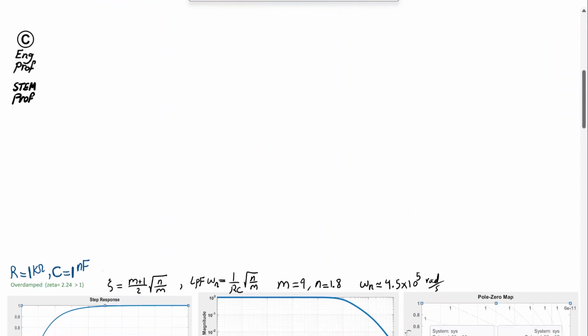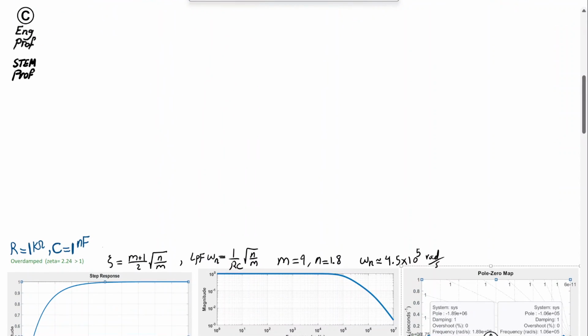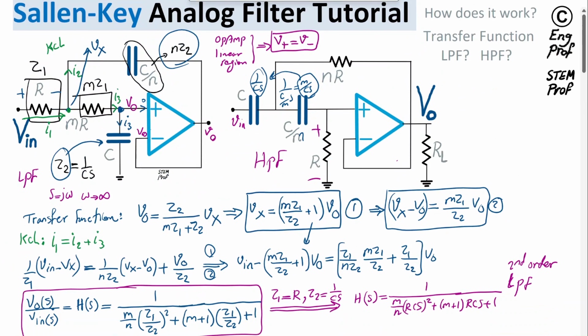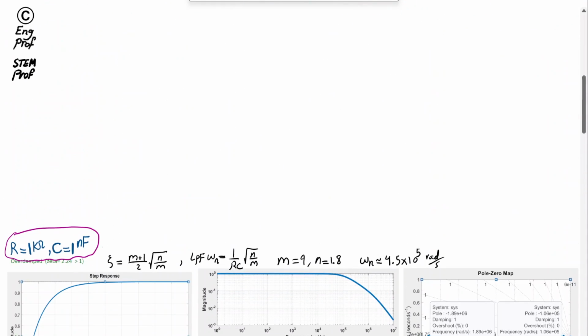We learn that for example, generally speaking, if I set R equal to 1 kilo ohm, C equal to 1 nanofarad, so as a reference, if I set this R to 1 kilo ohm, and if I set the reference cap here as 1 nanofarad, then depending on what I do in terms of the value of m and n, I end up with having different scenarios realized, because the zeta or damping factor of the circuit and the natural frequency omega n are functions of mainly just m and n, and the omega n is a function of 1 over RC times the square root of n over m. So we can adjust the value of that.